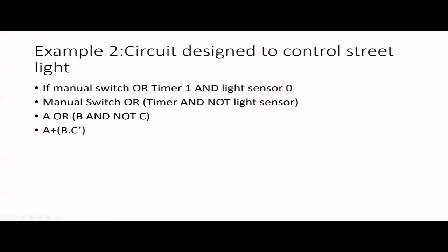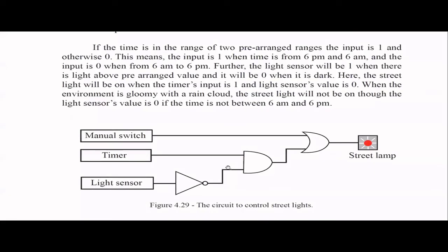So if you see the circuit, now you will understand the manual switch will have an independent input for that. That's why this is an OR gate. But timer and sensor both should work, and both should be there. The timer should be 1, and the light should be in a no-light scenario.